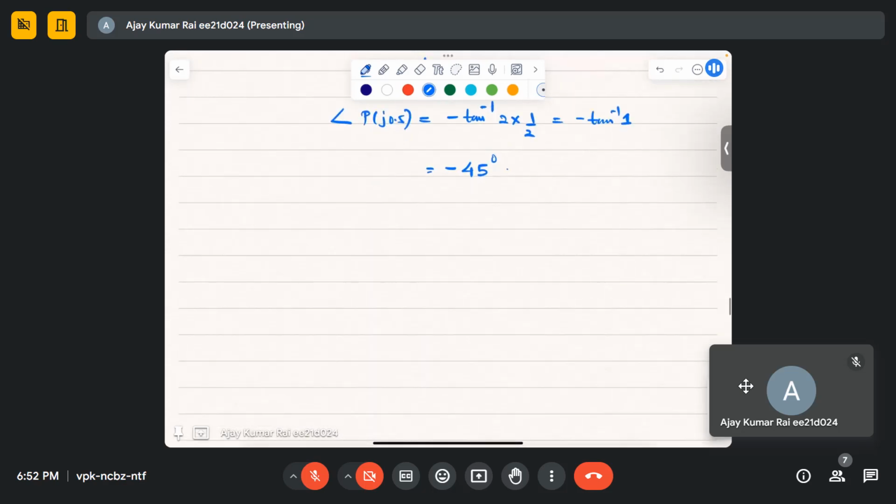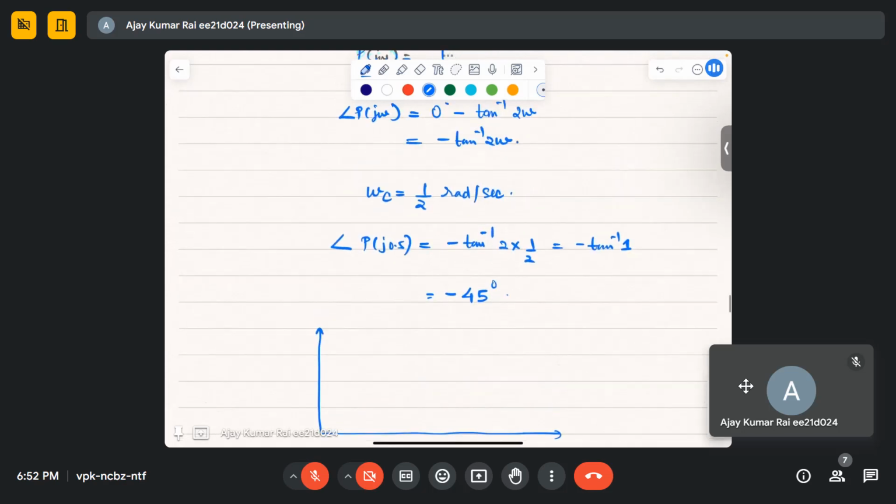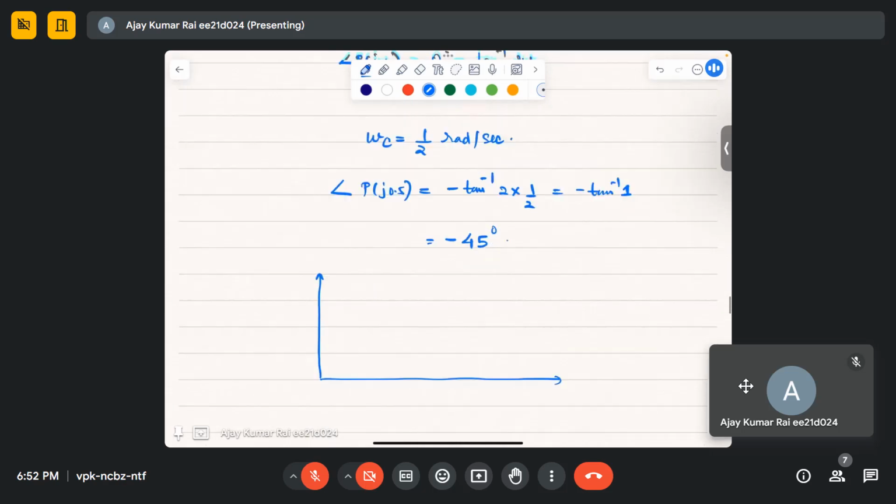Okay. So let's find the phase of this particular transfer function. Just now we have found the phase at the corner frequency.